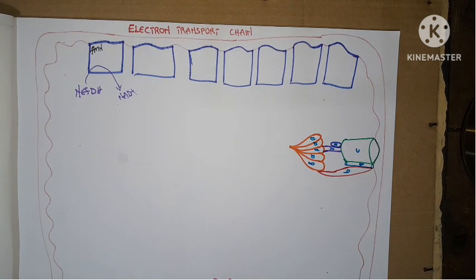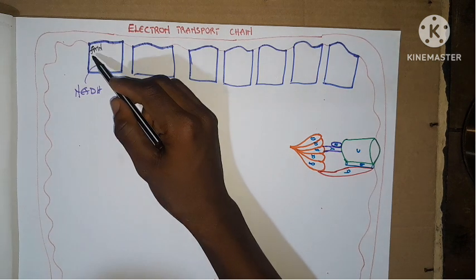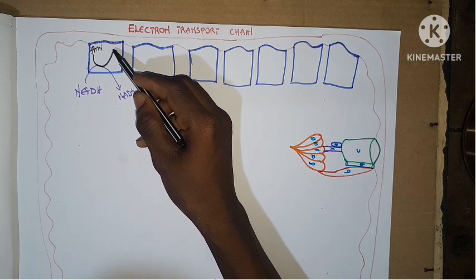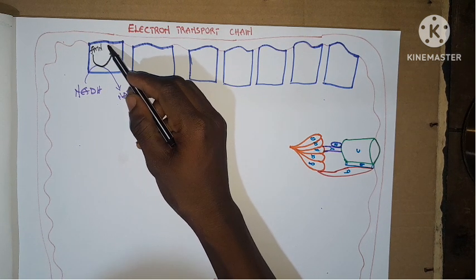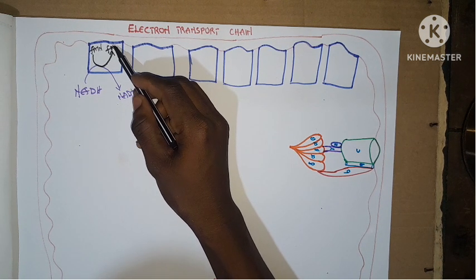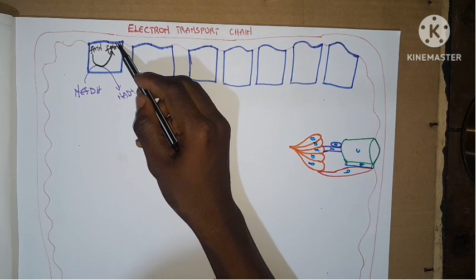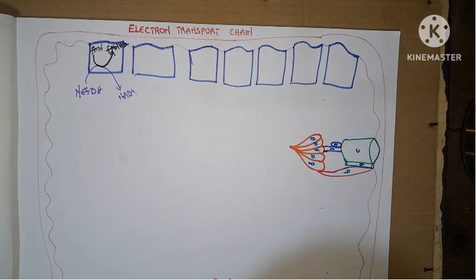This flavin mononucleotide will pick up the electrons from the NADH and convert to flavin mononucleotide carrying H2. So it is going to pick the hydride from the NADH and then form flavin mononucleotide carrying H2.